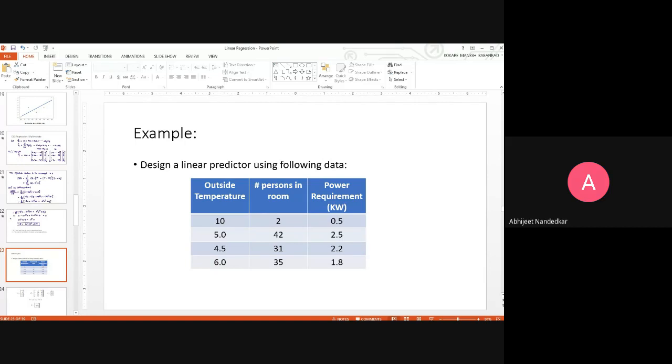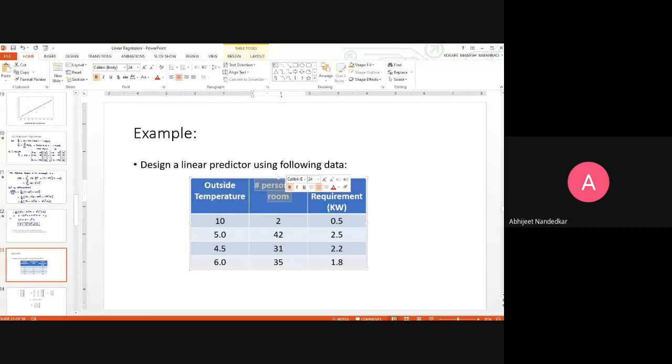Yes, sir. Okay. Now see, the example is: design a linear predictor using the following data. Outside temperature is one variable and number of persons in a room is another variable. These are the two inputs, and what we have to predict is the power requirement of the room.